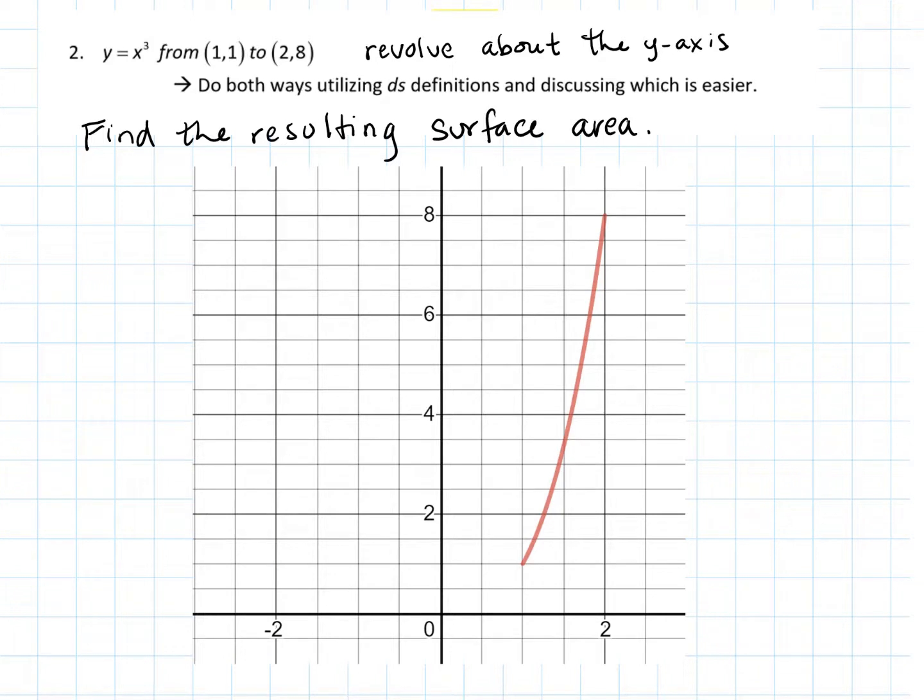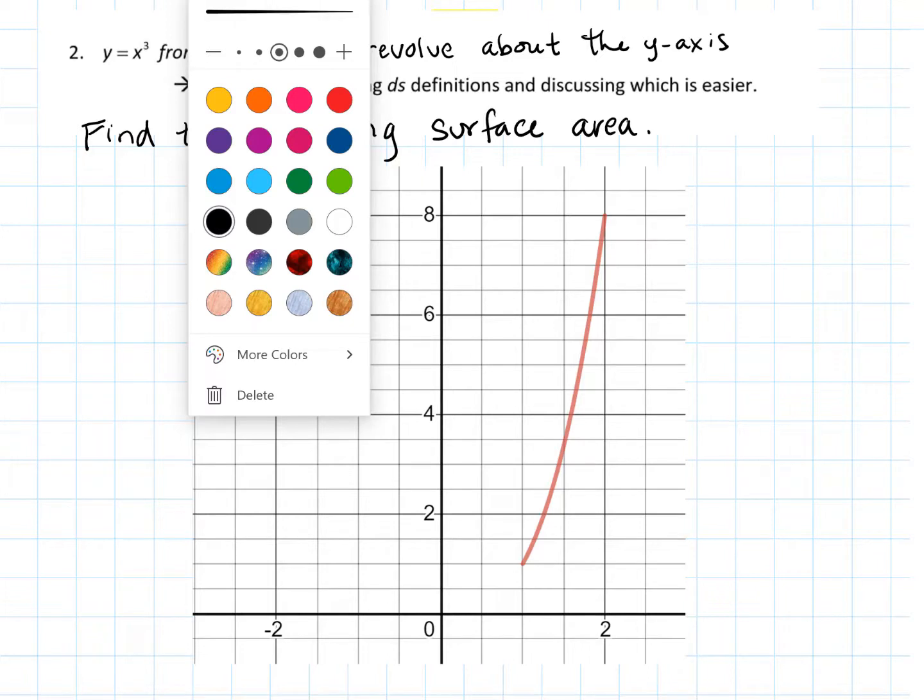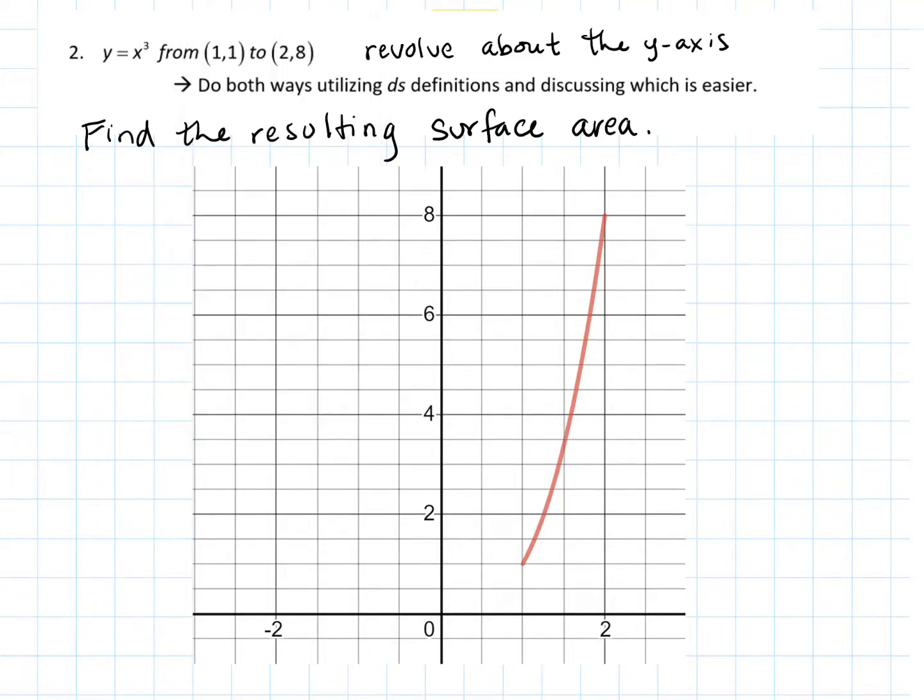So if we were to do that, I'm just going to grab my pencil here. Let's do it in black.